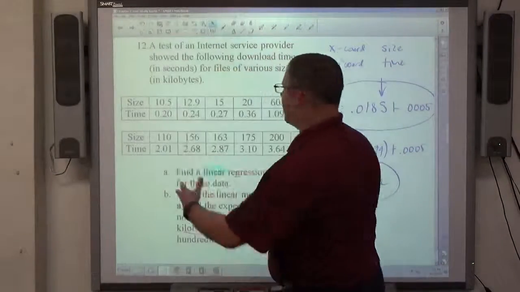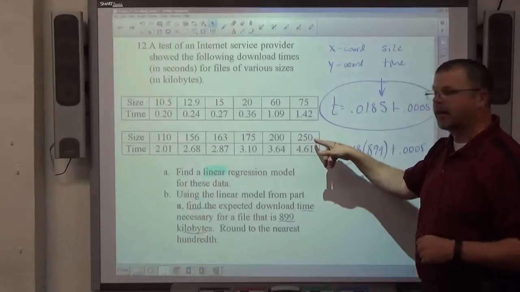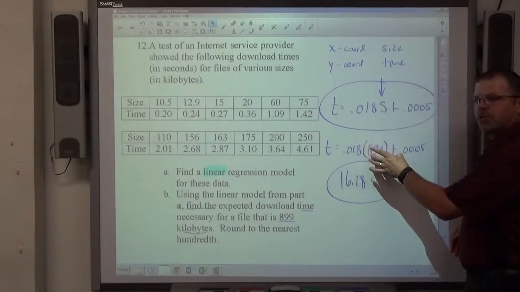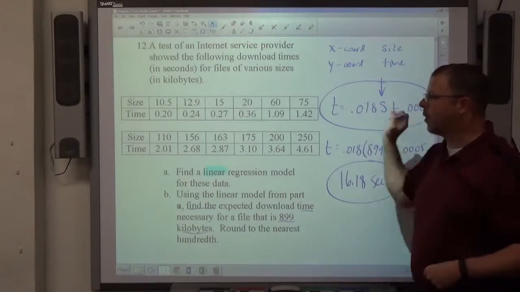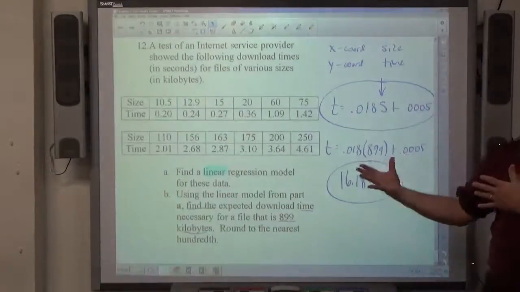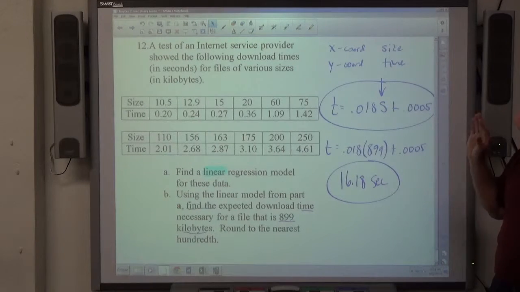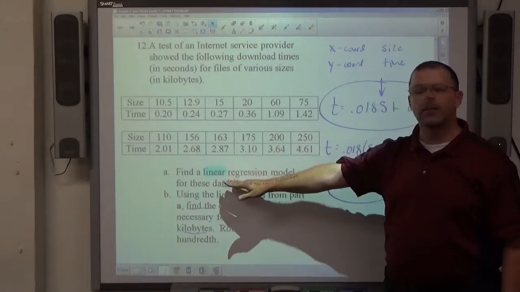Notice that none of the data here got all the way up to 899. All we have data through is to 250, but we can make predictions on bigger data based on what happened with the smaller data. So that's what regression is all about, as we would have mentioned in class. So keep that in mind, that the problem on the test is going to be some sort of regression, either linear or quadratic.